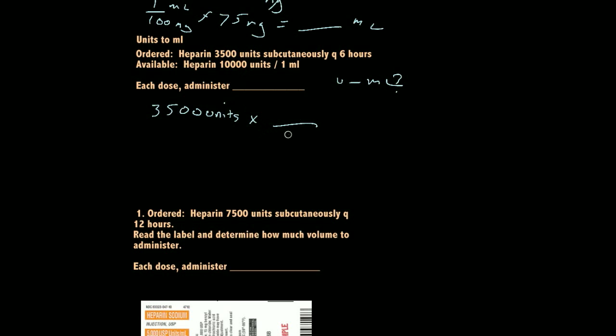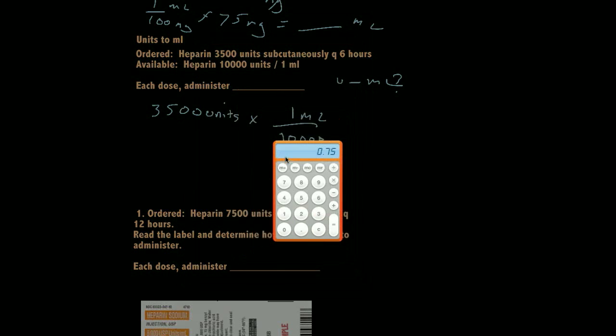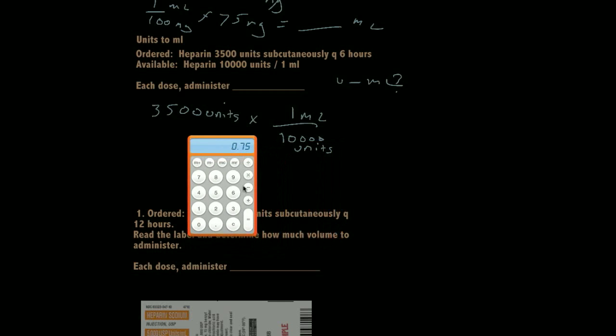I know for every 10,000 units, I have 1 milliliter. So basically, plug that into our calculator here. 3,500 divided by 10,000.